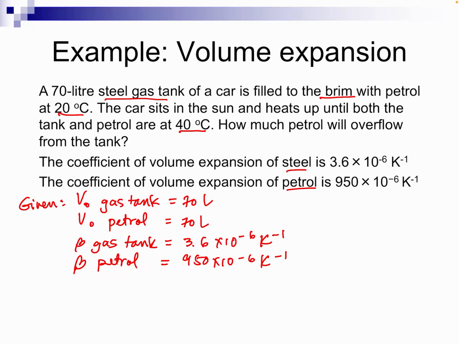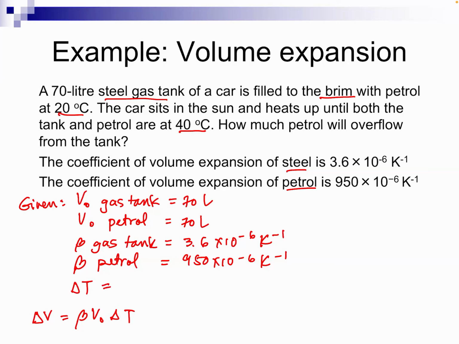So we know that the change in volume should be proportional to the coefficient times the initial volume times the change in temperature. So we then have to get the change in temperature.